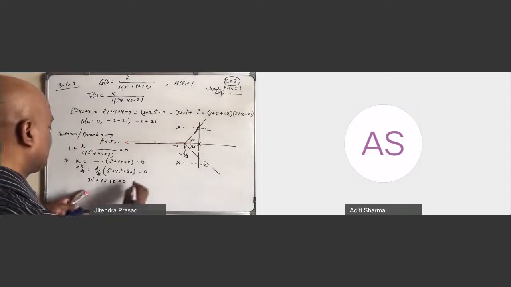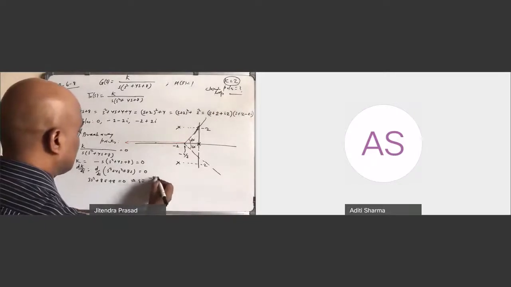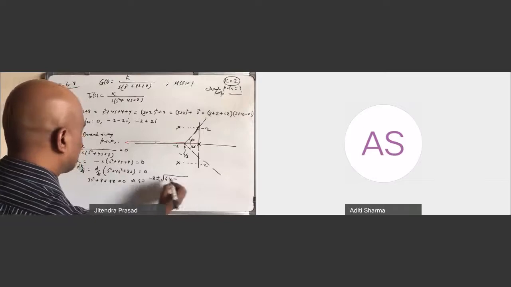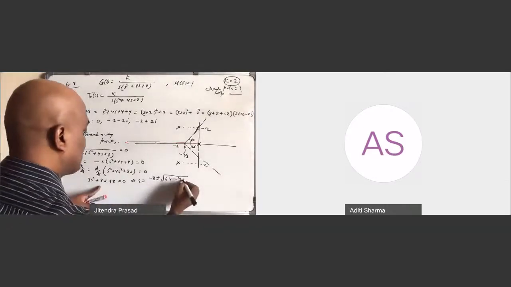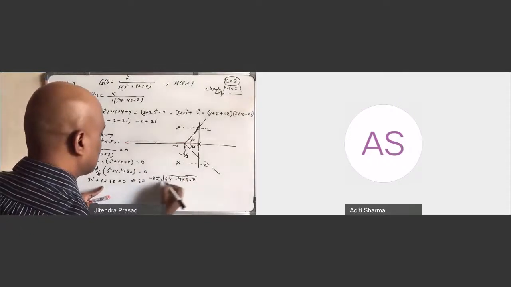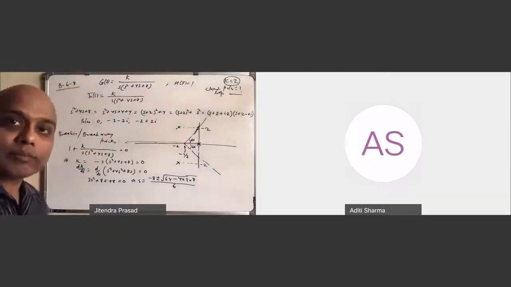Hence, from here we can find out s equal to minus 8 plus minus root of b square minus 4ac, that is 64 minus 4 times 3 times 8, divided by 6.